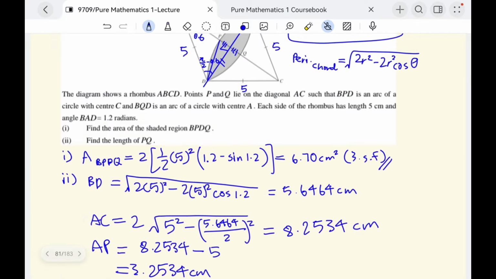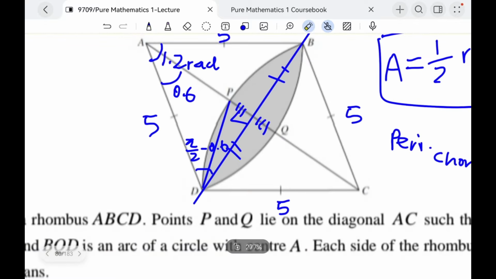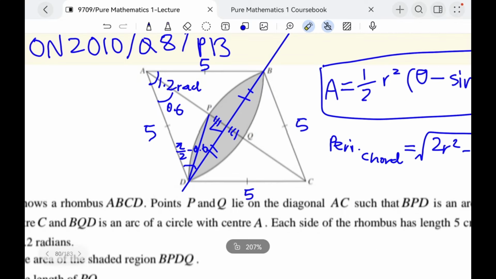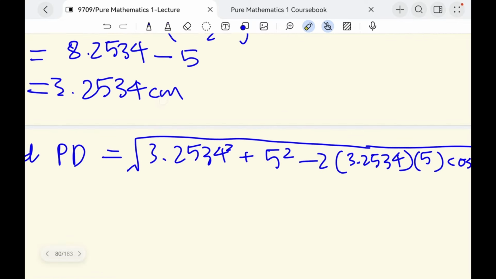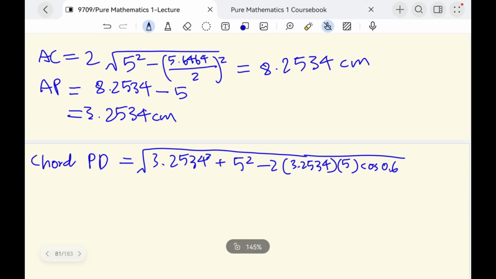Why? We need to find the length of PD or the chord of the PD following this arc PD, okay, with respect to this angle 0.6, which is the half of 1.2. And then use your calculator to calculate that your chord of PD is 2.955.